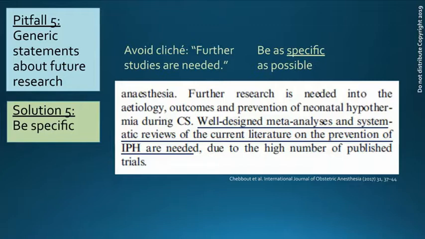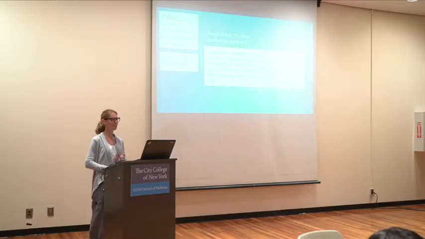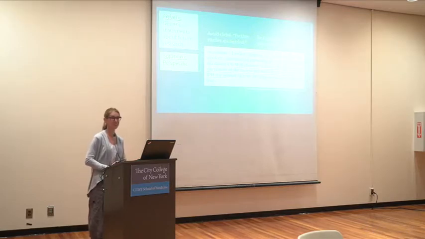These authors are saying, well-designed meta-analyses and systematic reviews of the current literature on prevention of IPH are needed. I suggest that you avoid the cliche, "further research studies are needed," and be as specific as possible about what you think the next steps could be.